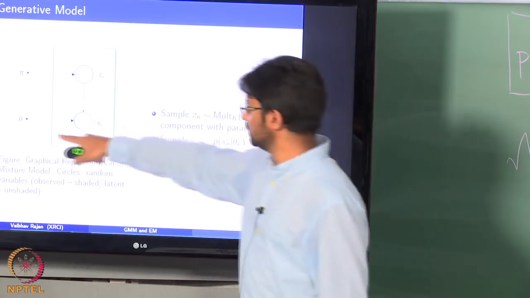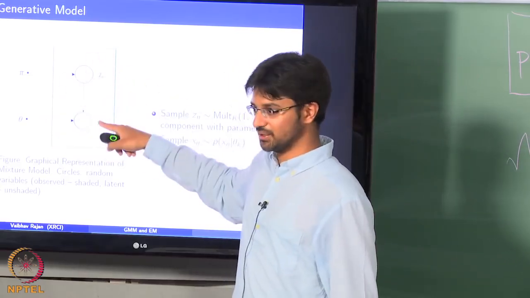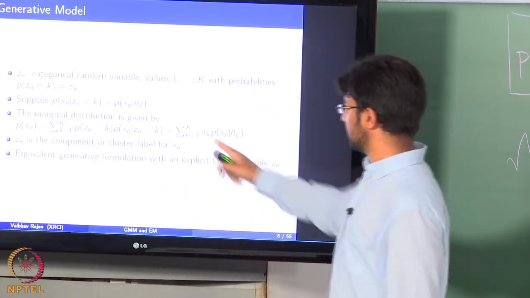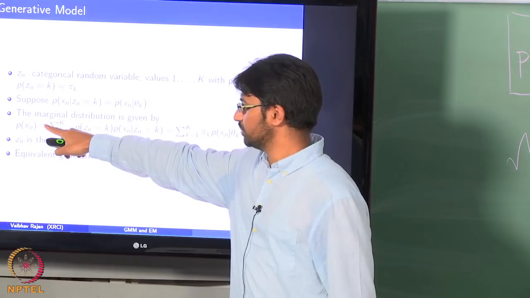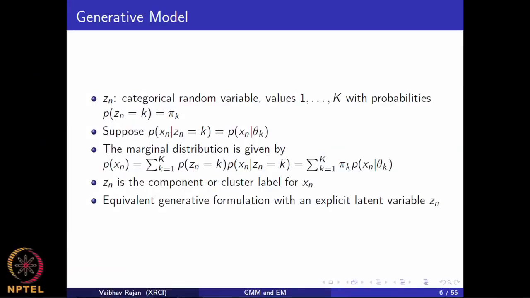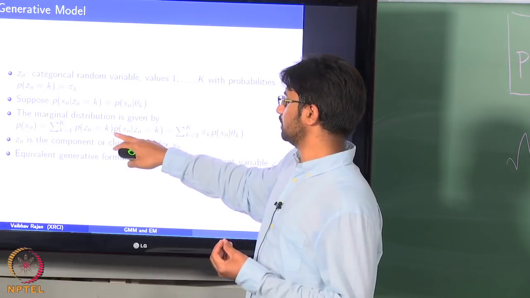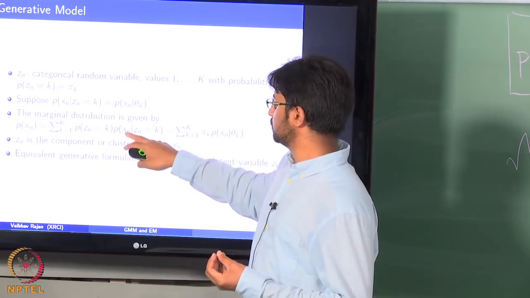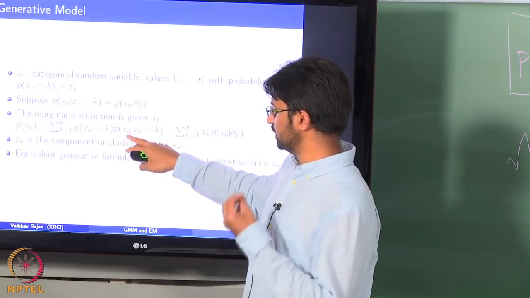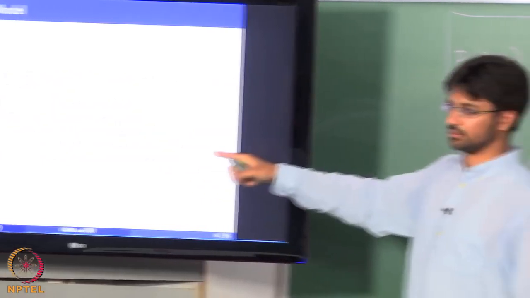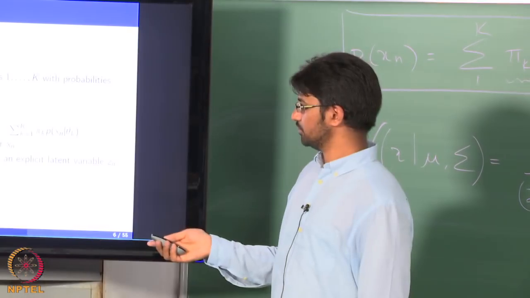If you write down the probability distribution represented by this graphical model, it will be exactly this, except that there is a sigma n term that takes care of all the different data points. For a single data point, it is exactly this. You are choosing a component, and then sampling the data point given the distribution parameters for that component. Okay.